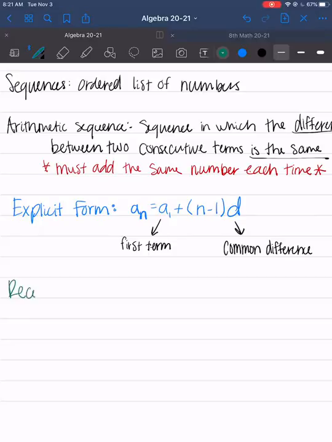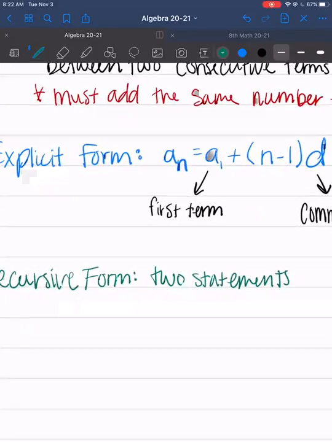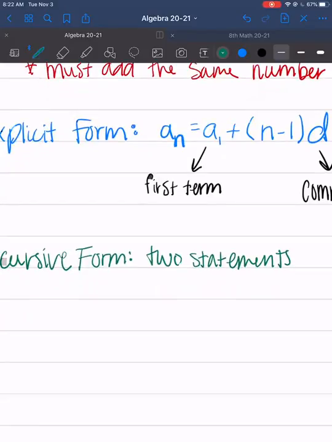And we have recursive form. Recursive form is kind of interesting. It's actually two different statements. Almost a list of statements. Usually you see it with this little fancy bracket that I can never draw.